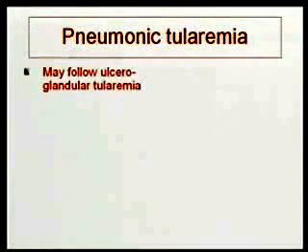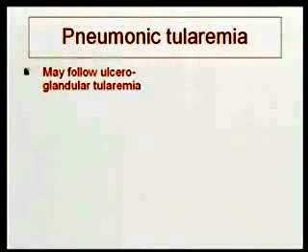Pneumonic tularemia, the pulmonary form, is the most dangerous, most lethal form. It may follow ulceroglandular. In other words, it may spread from ulceroglandular to becoming pneumonic. You can get pneumonic directly as well.